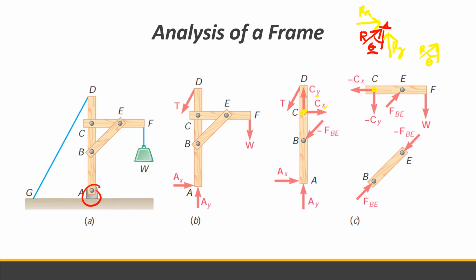Upward na Cy, then sa right na Cx, and sa C naman, at member CF, dapat opposite yung sense niya compared with reference sa C sa multi-force member AD. So, that's why pa-left and pa-right yung magiging direction ng Cx and Cy for the Newton's third law of motion to take effect.